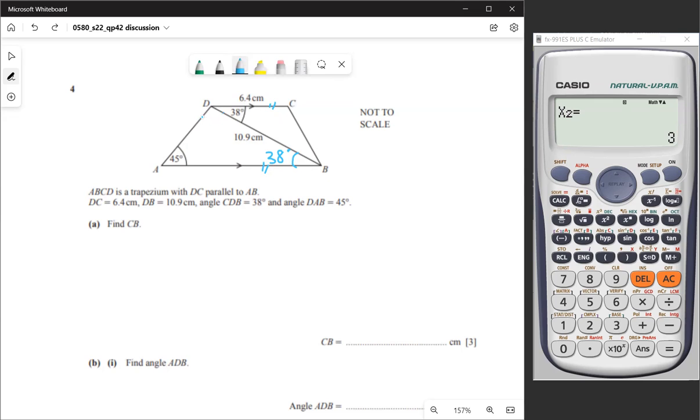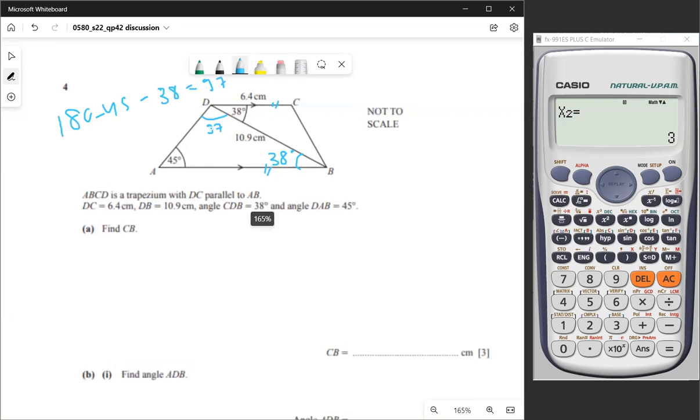That angle is AD, so 180 minus 45 minus 38. 97. So this right here is 97.